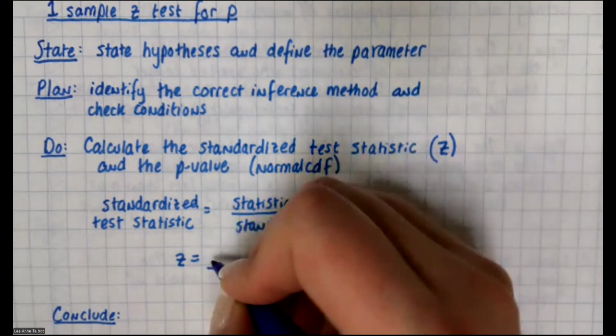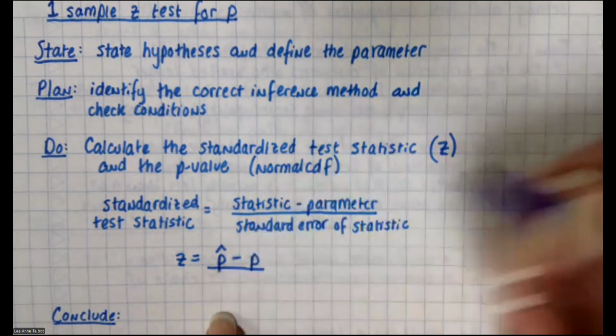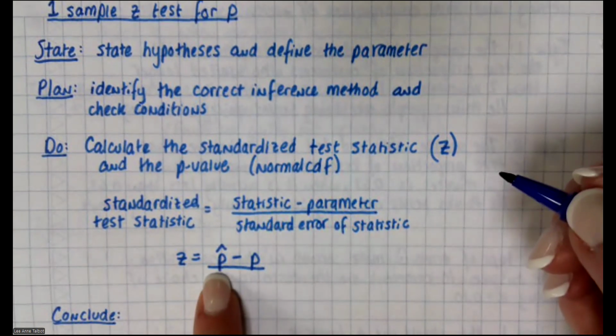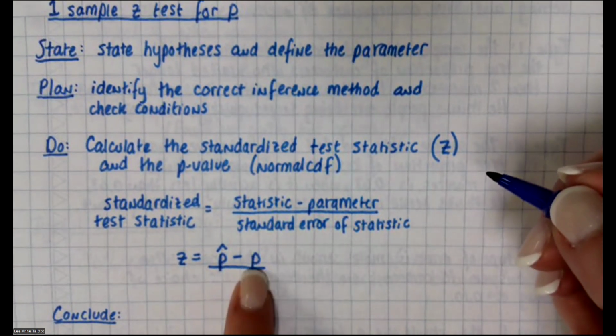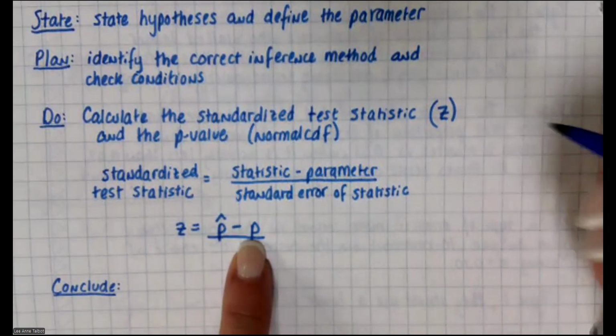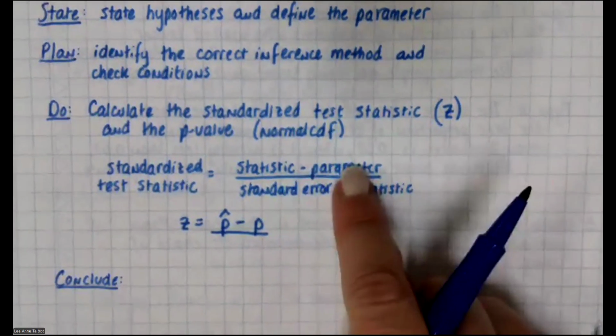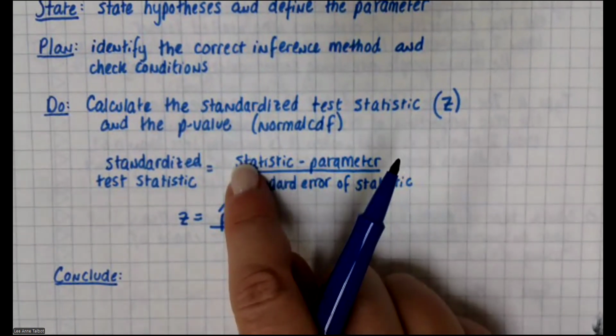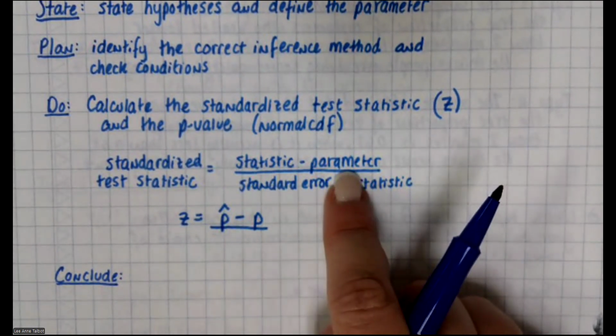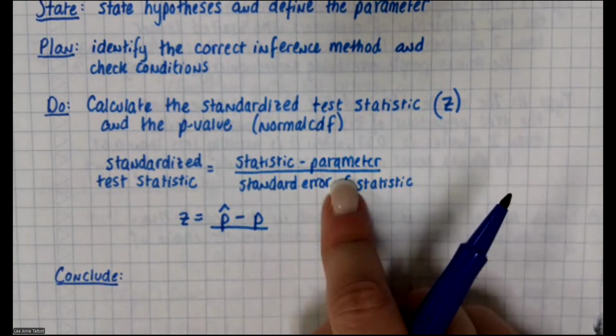You're overthinking. It's just P hat. The sample statistic minus the population parameter. Yeah. Okay. Now, there's my statistic minus parameter. And you can think of sample minus population over a standard error of statistic.